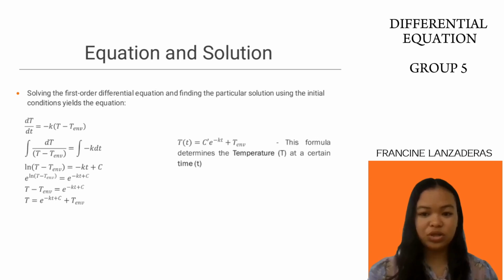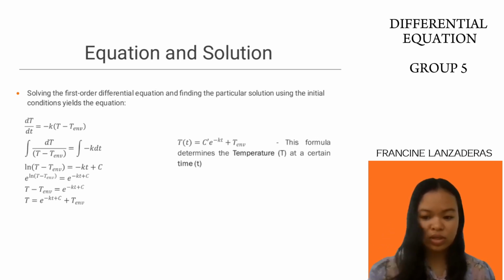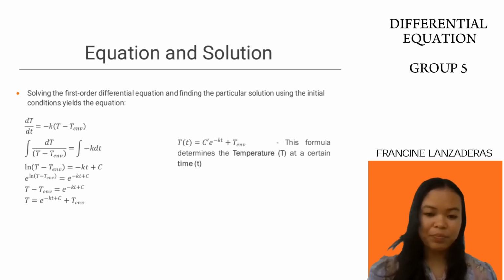The resulting equation involves a natural logarithm, which we can solve by taking the exponential of both sides. So therefore, T of time is equal to C prime e raised to negative kt plus ambient temperature. This formula determines the temperature T at a certain time.